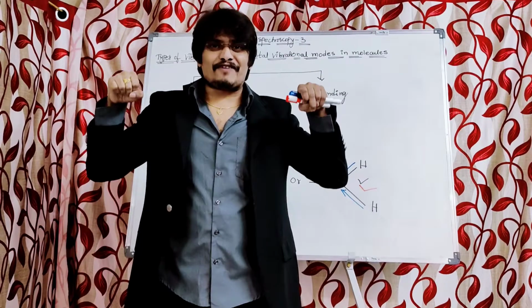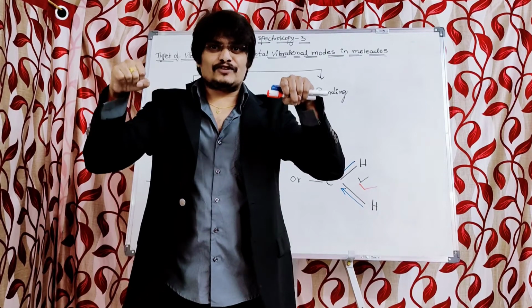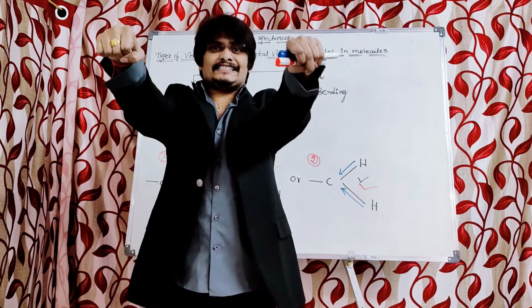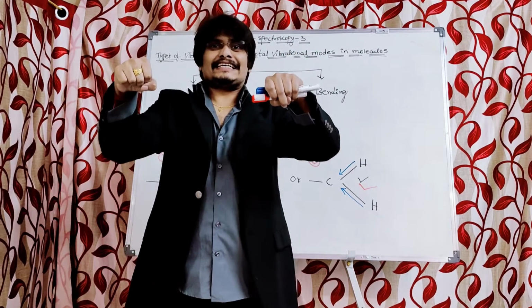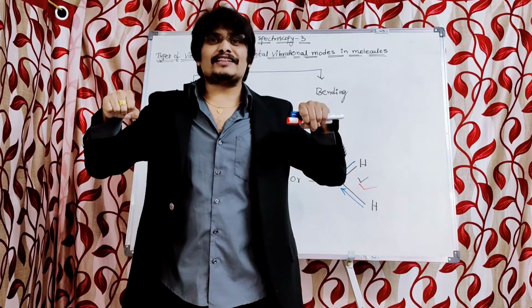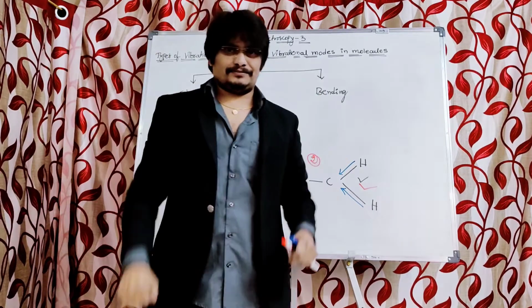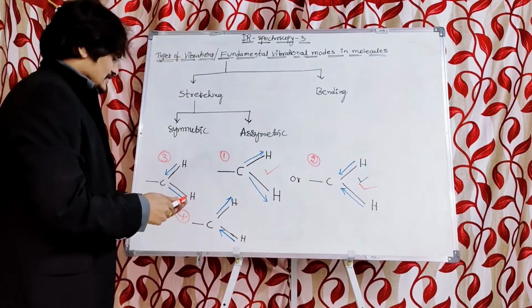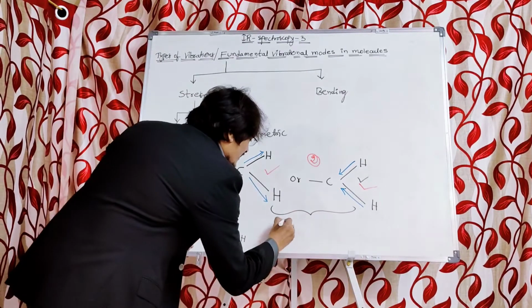Such vibrations in which the bond lengths of the 2 increase at once, or decrease at once, are nothing but symmetric stretching. So this comes under the category of symmetric stretching.